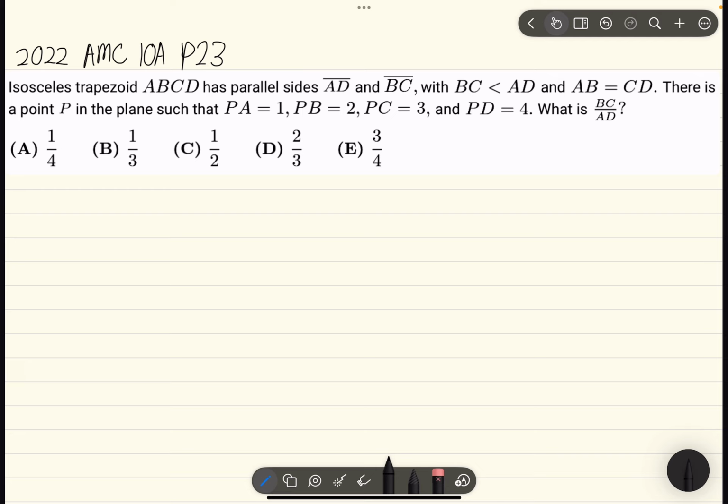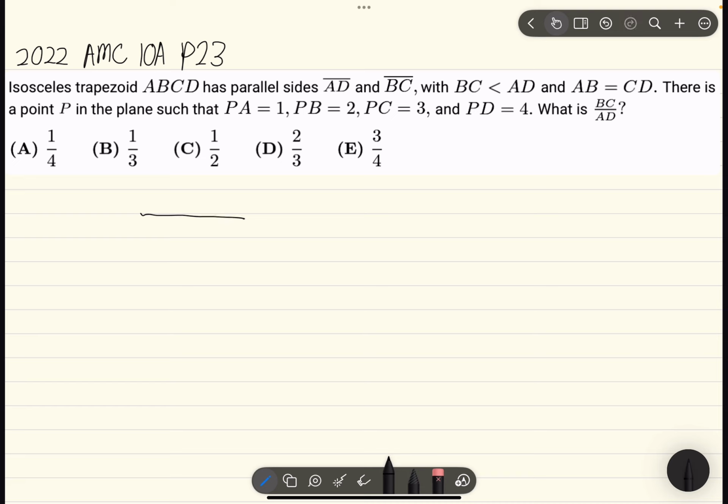So let's first draw a diagram. For any geometry problem, even if it is problem 23 and you don't think you can do it, let's just first visualize what this problem looks like. So we have an isosceles trapezoid with parallel sides AD and BC, and BC is less than AD.